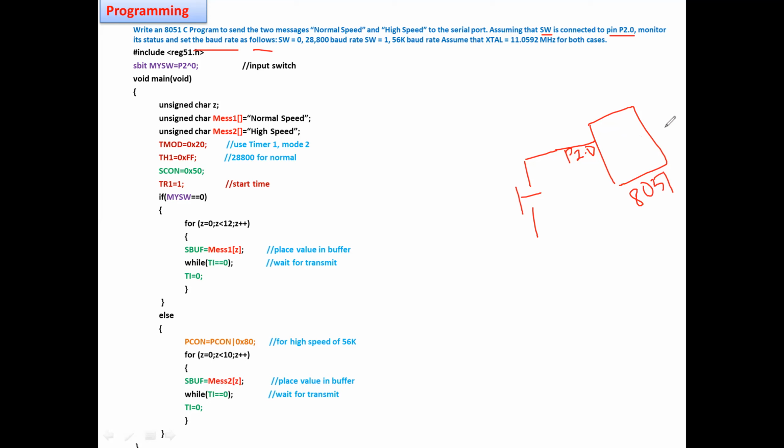Let us assume here I have my transmit pin. Through this transmit pin, depending on my switch, when the switch equals 0, my baud rate is 28,800. At that baud rate, my data has to be sent.